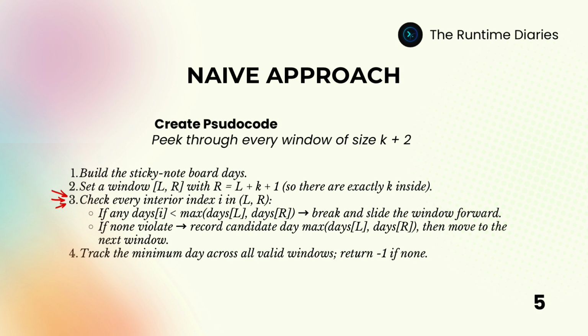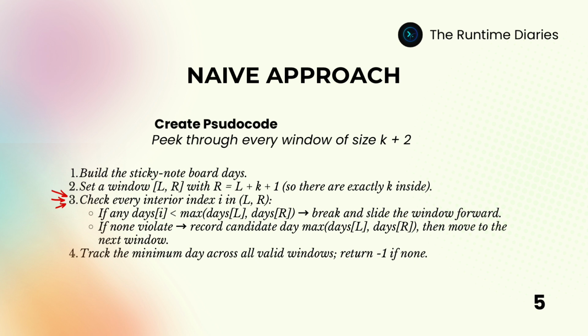So if our left house is L and our right house is R, equaling L plus K plus 1, we just check if every house between them turns on later than both L and R. If that's true, it means that L and R are already on, and everything in between is still dark.